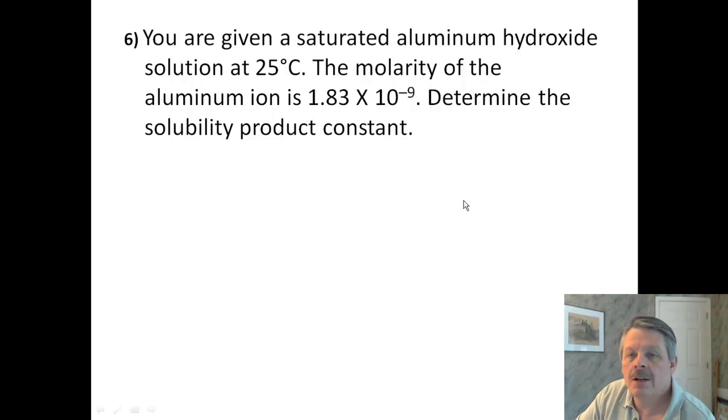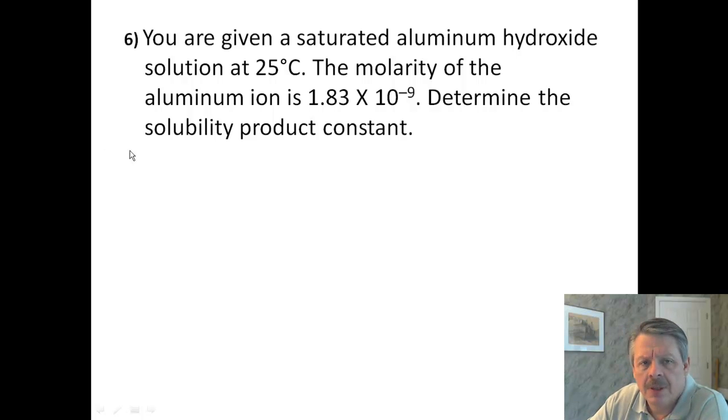All right. Let's try aluminum hydroxide. Molarity of aluminum. Determine the solubility product constant. So I didn't get the concentration of hydroxide, but I should be able to figure it out. And how can I do that? Well, aluminum hydroxide is Al(OH)3. Why is it 3? Well, aluminum has a +3 charge, OH has a 1-. So that becomes Al plus 3 OHs.